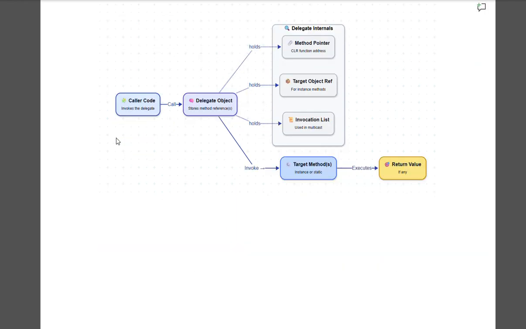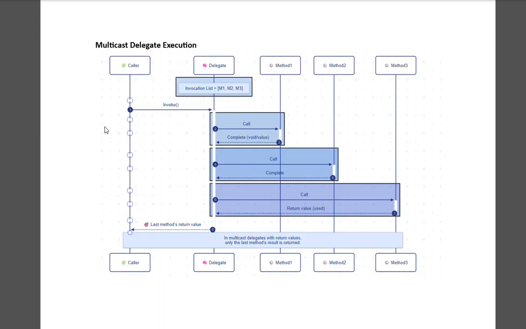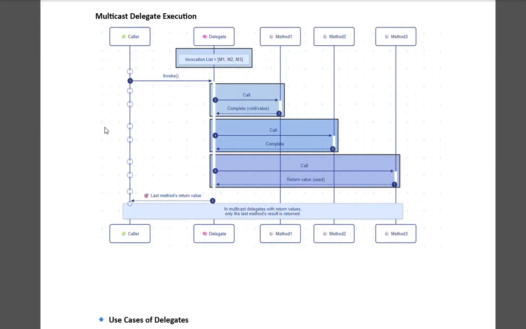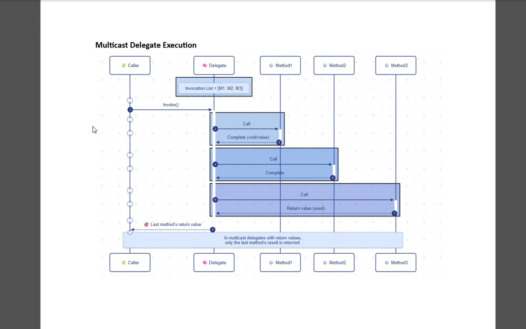And next we will look into multicast delegate execution. Here you can see the sequence diagram of multicast delegate execution. We have a caller, meaning when the delegate is invoked, it goes to the delegate object. The delegate object has the invocation list, and it contains method references like M1, M2, M3. Those are pointing to method 1, method 2, and method 3.